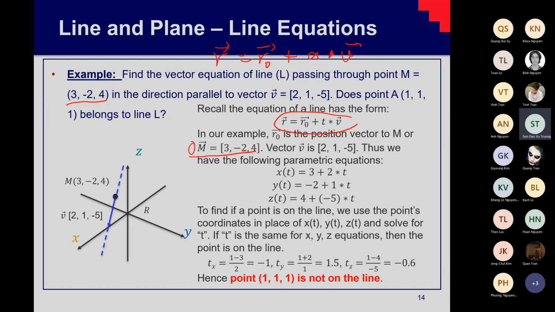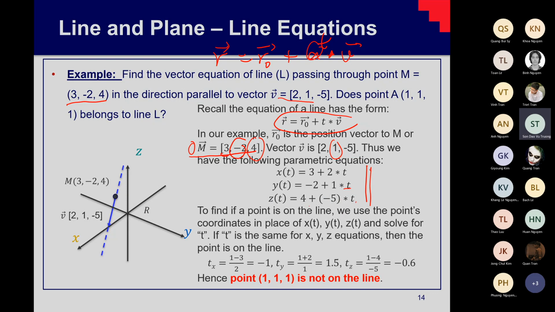And the vector v will be (2, 1, -5). So this means we have three equations. So x(t) will be 3 plus 2t. Okay, this is t. And y(t) will be -2 equal to 1 plus t. And z(t) will be 4 minus 5 times t.